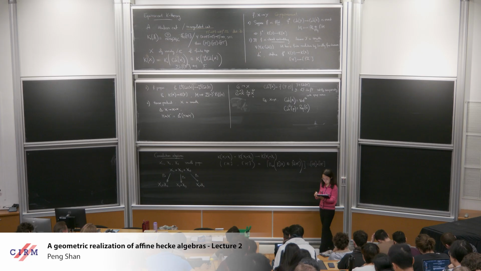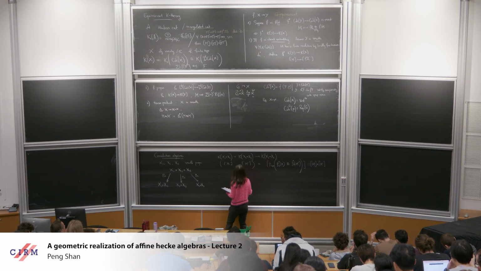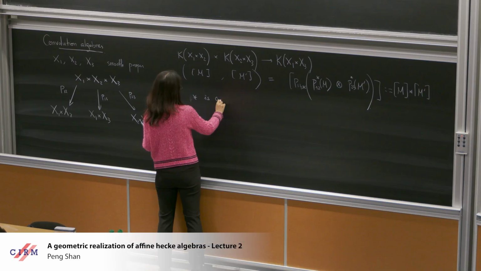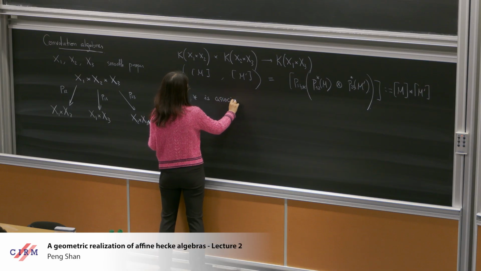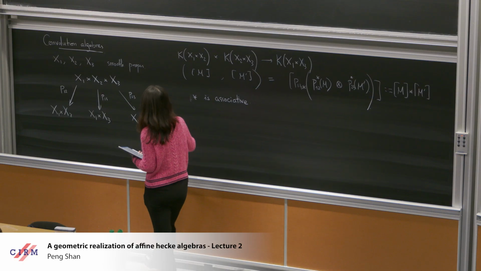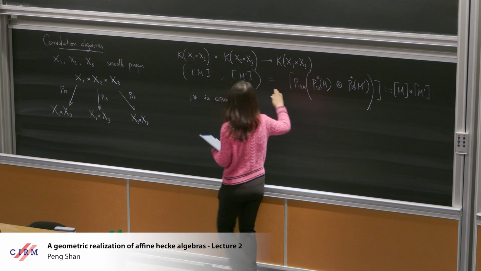Okay. So this operation is associative. That means if you have a 4th copy x4, you can continue to convolve.